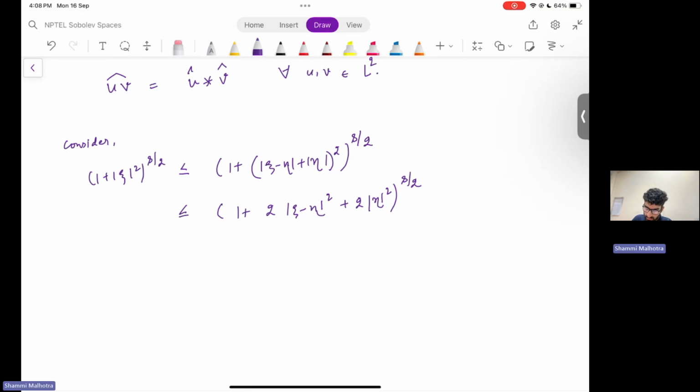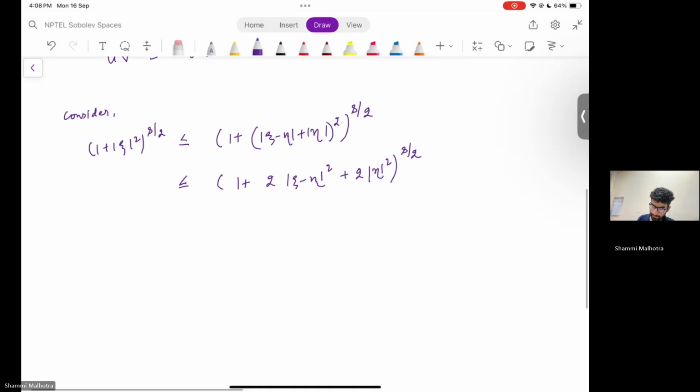And finally, we now have xi minus eta and eta in place, and we want 1 plus mod eta square and 1 plus mod xi minus eta square to be in place.